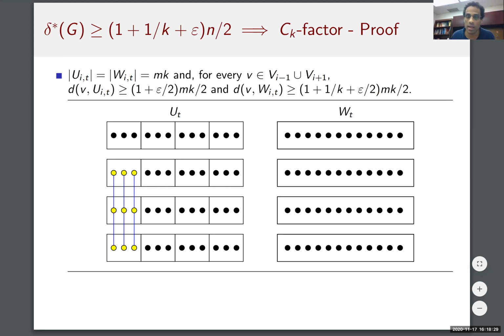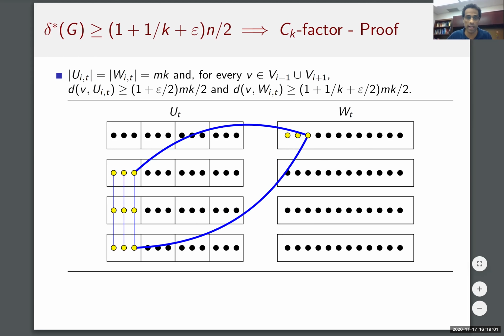Well, I would have to multiply this by 2 to get a lower bound, and then subtract the whole size, which is mk. If you look at that, it looks like it's about m. It's actually a little bit larger than m. So the common neighborhood of these two endpoints is about m. So I can just greedily find one in the common neighborhood. The common neighborhood of these two here is m as well.